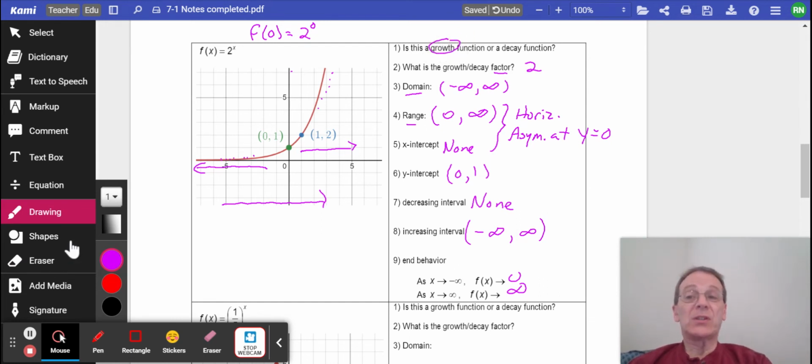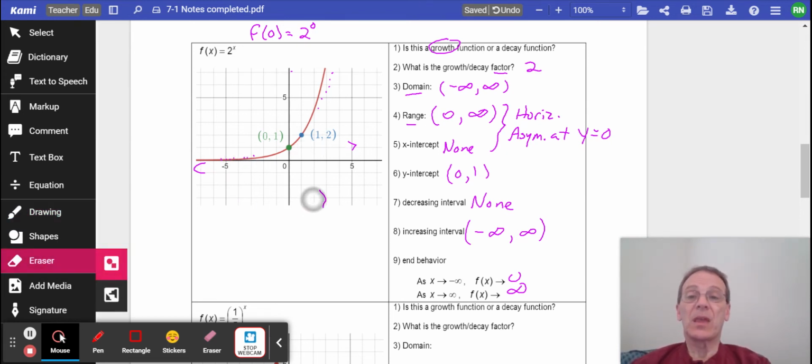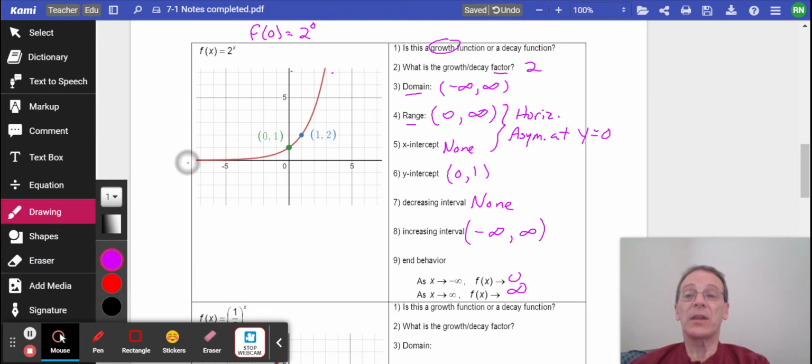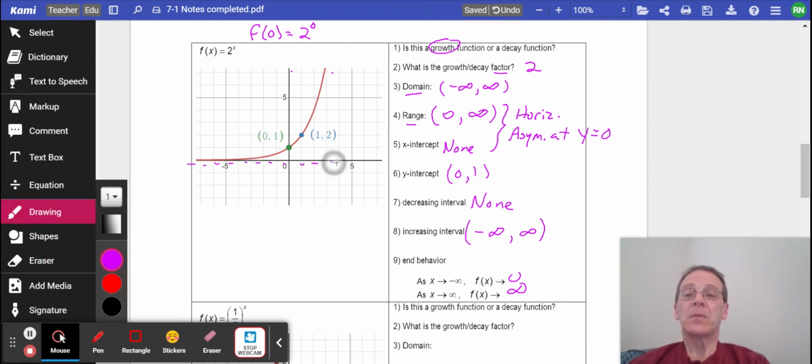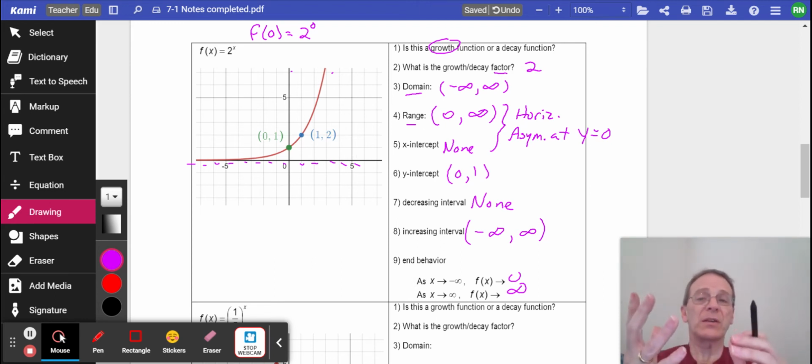But the key things that you need to know to answer a lot of these questions correctly is the fact that yes, there is a horizontal asymptote for all exponential functions, but no, there is no vertical asymptote ever for exponential functions. Okay, there is a horizontal asymptote, and I should draw that as a dashed line, really. But there is no vertical asymptote. Okay, if you know those two things, then you can answer all of these questions correctly.